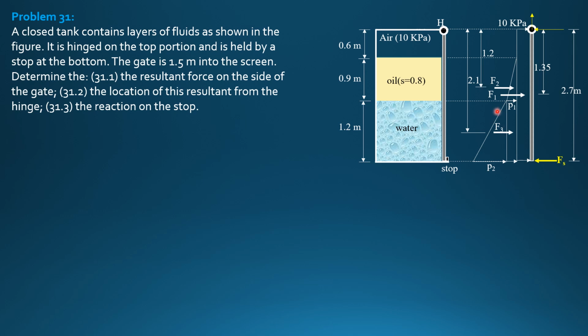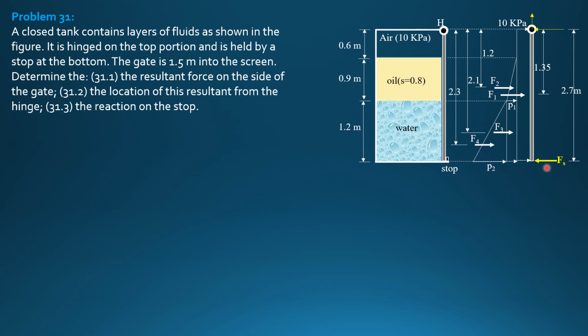And finally, for this triangular pressure diagram with intensity P2, from this interface of oil and water, 2/3 of 1.2 is 0.8. So I'll call the force F4. So the distance of F4 from this interface is 0.8, 2/3 of 1.2, 0.8 plus 0.9, 1.7, plus 0.6, so 2.3 meters. So everything is set up.